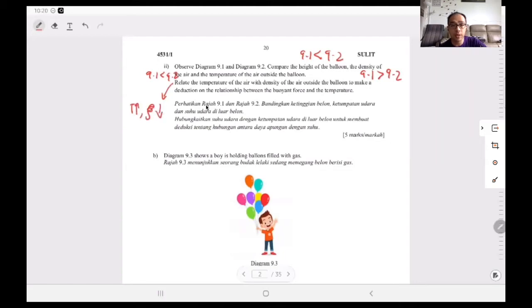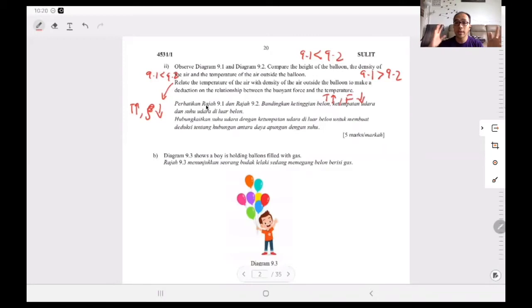Then deduce the relationship between the buoyant force and temperature. When the temperature is high, the buoyant force is low.